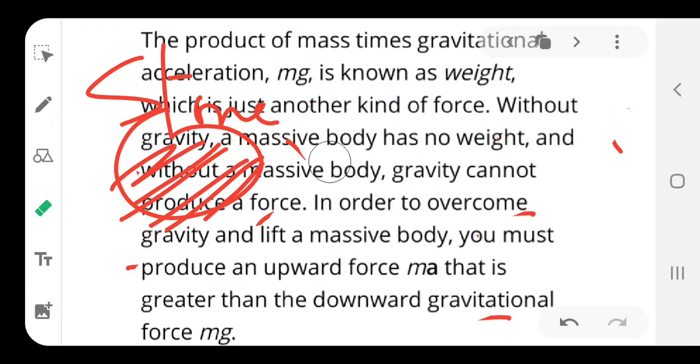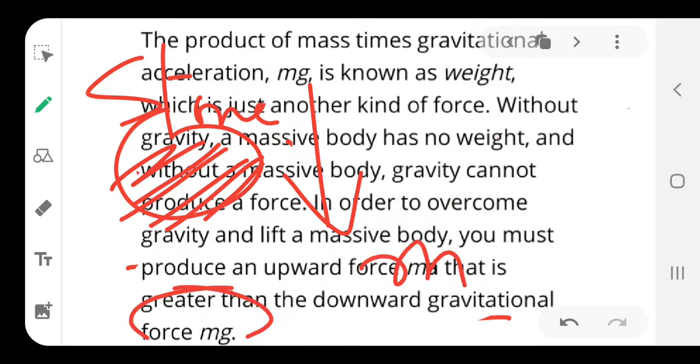If the lifting force ma is less than mg, the body will always remain heavier. So, in order to lift it, you need force which is more than mg. Make sure these 2 terms, ma and mg, are clear to you.